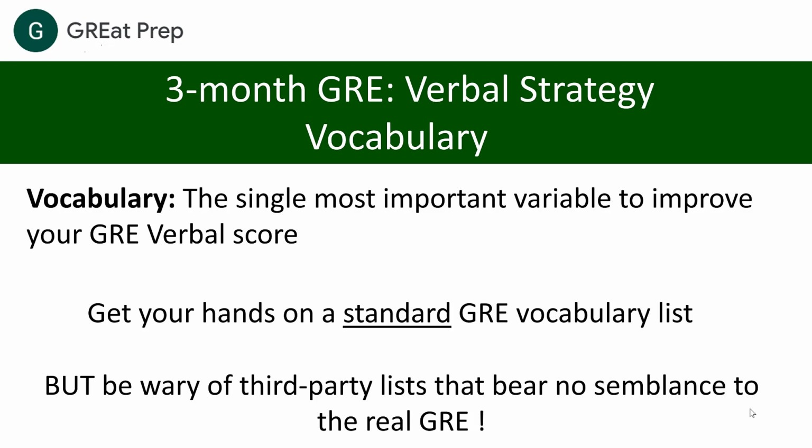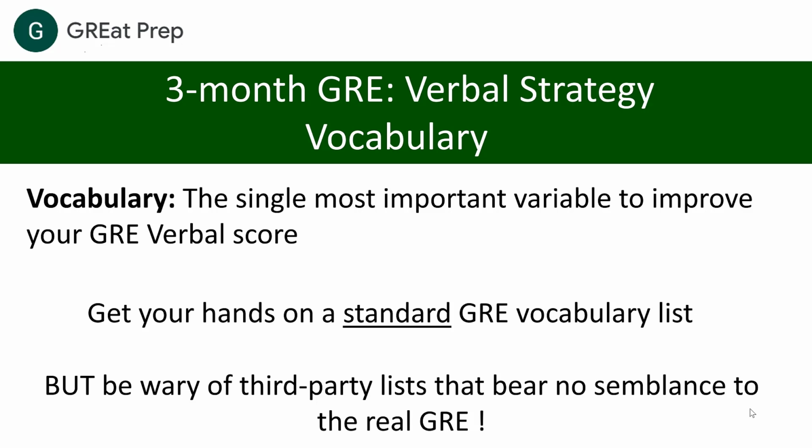Now you may ask me how to figure out if a given GRE vocabulary list that you find online is similar to the real GRE word lists or the real words that you will see on the GRE.